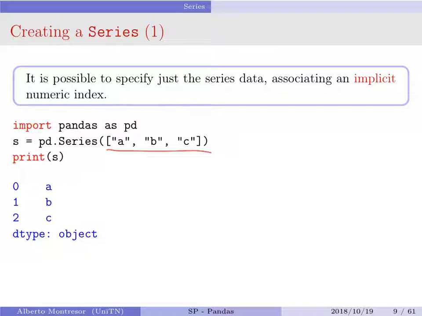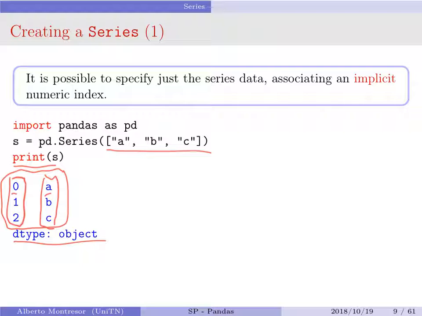At that point, if you just specify the list, what you get is a series in which there are 3 elements, 3 values, and 3 indexes that are as simple as list indexes. So 0, 1, and 2, because you have 3 elements from 0 to n minus 1. Okay, and if you print the element, you get this, but you also get this information about the type of the content which is included in the series.